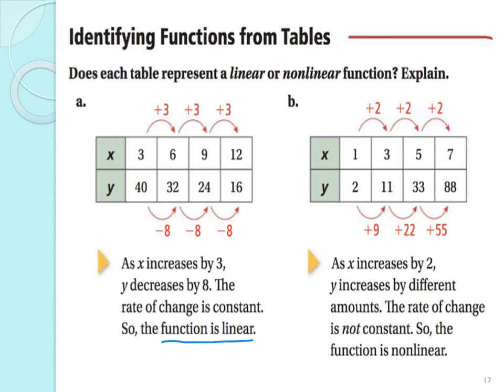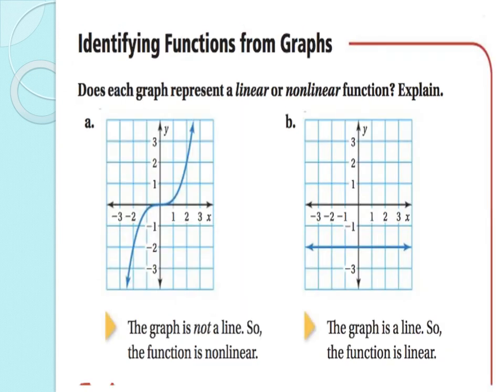But on B, this right here shows that it changed, so the rate of change is not constant. It changed it up, so it is nonlinear. So here this is nonlinear, A, and then B is an example of linear.